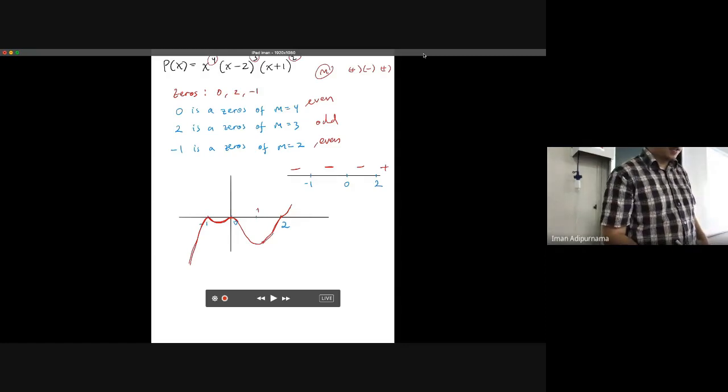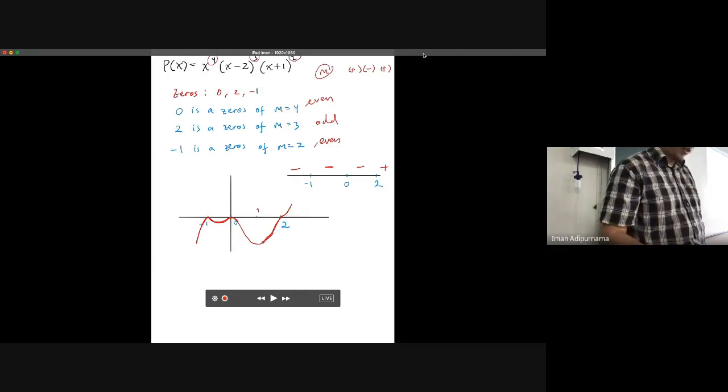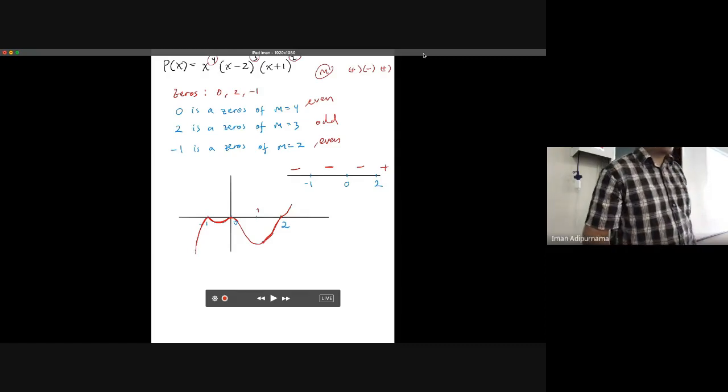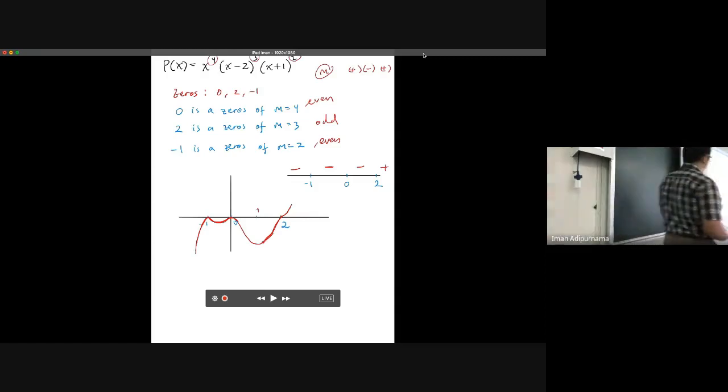More or less, the graph will look like this. To make sure the graph is correct, you can check some number between these points, and then you can correct the graph. So from this sign and from the multiplicity, you can predict how the graph looks.